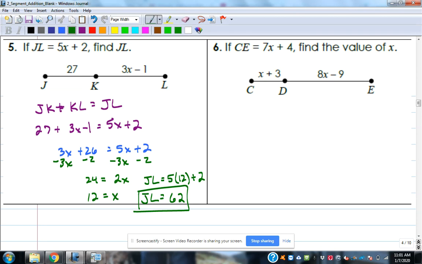CE is equal to 7x plus 4. Find the value of x. So this one is a little more complex equation, but still pretty easy to solve. So again, what's our first line? CD plus DE is equal to CE.